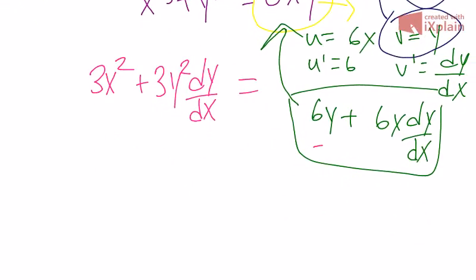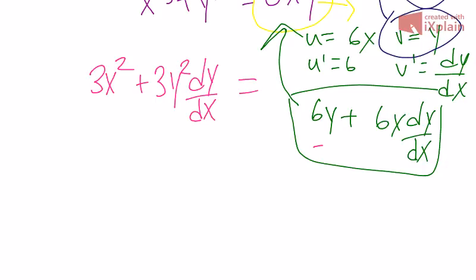So now we continue with our general steps that we listed in the previous page. So this will become moving all the dy over dx terms to one side and moving all the remaining terms to the other side.